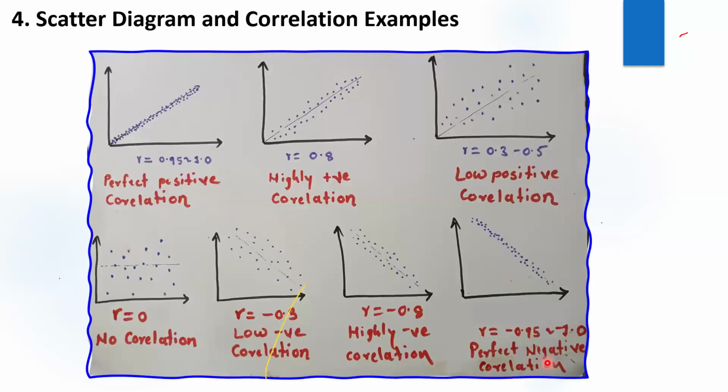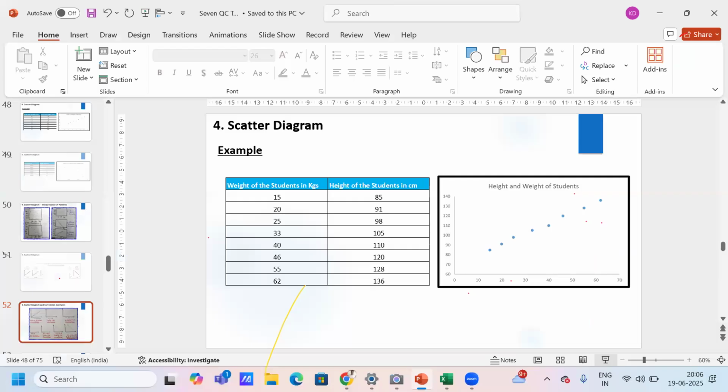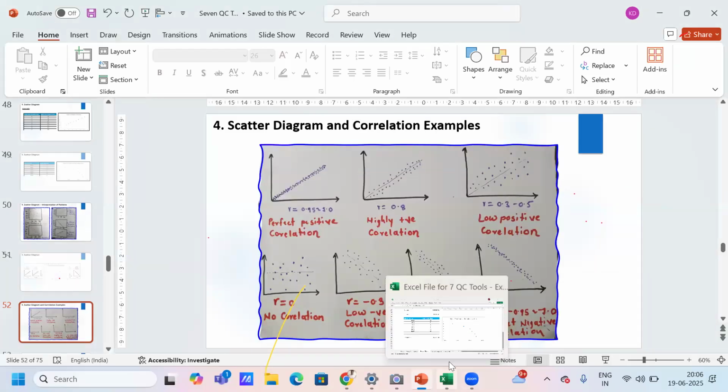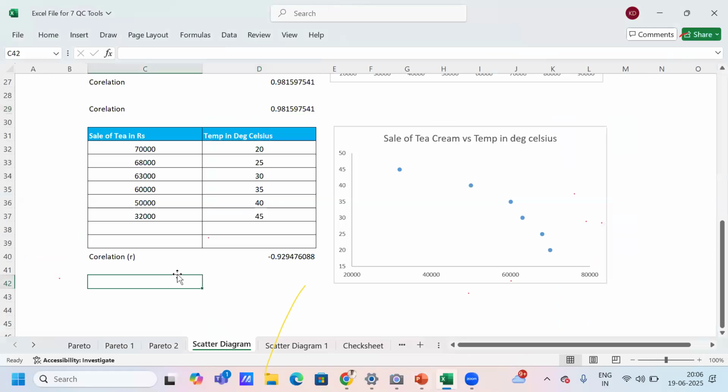Sir, how can we find a low positive correlation? So I will go to Excel. In Excel, for example, you can just use this correlation.